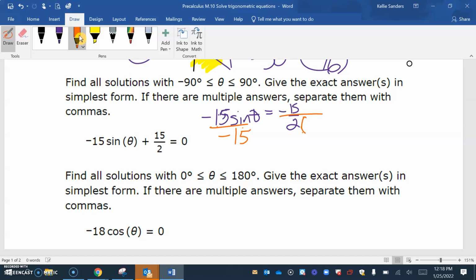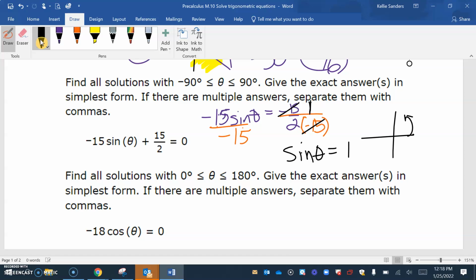Since I already have a fraction on this side, I'm going to put -15 on bottom also. And those are going to cancel out, which leaves me with a 1 on top. And so we have sine theta equals a +1/2. And that's going to be in the first quadrant, and that's going to be 30 degrees.